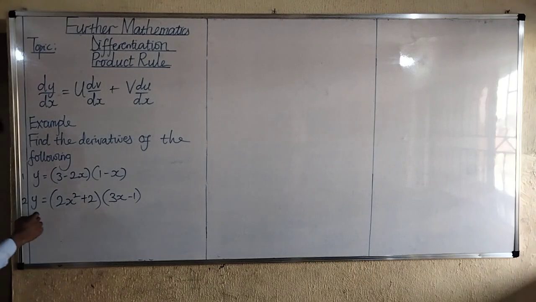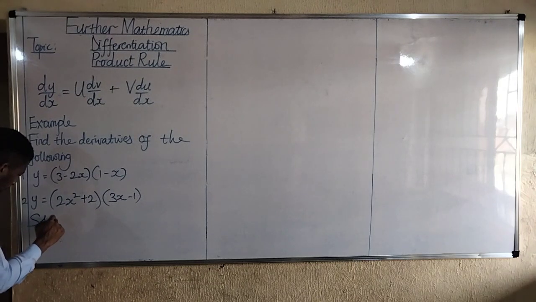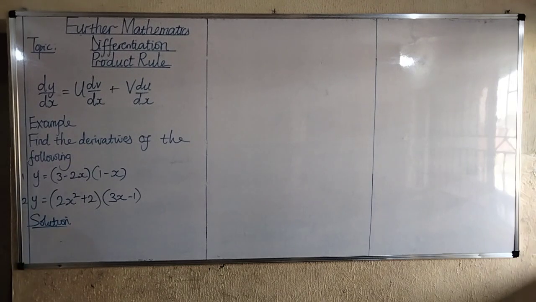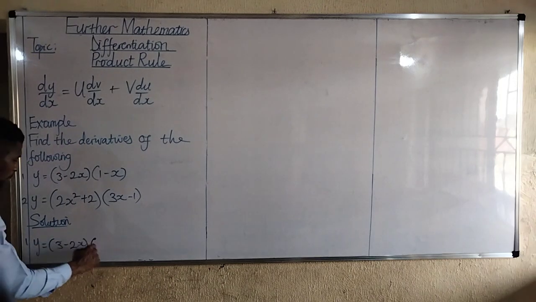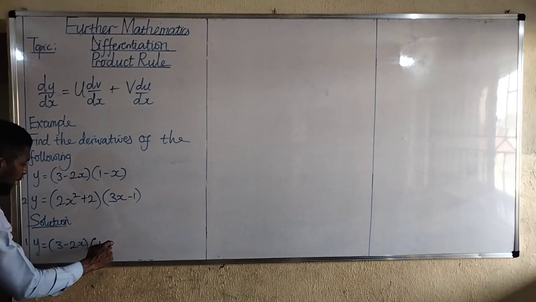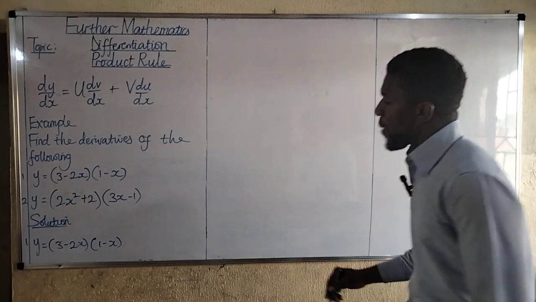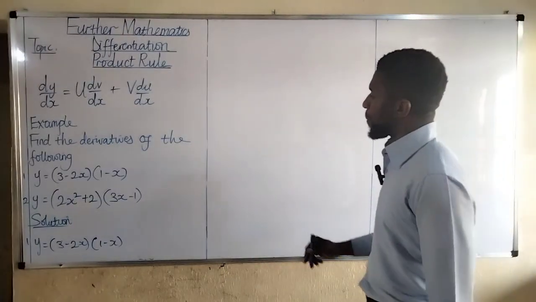Alright, let's start. Solution. We have to solve number 1. y equals (3 minus 2x) multiplied by (1 minus x). To solve this problem, what we are going to do is very simple.